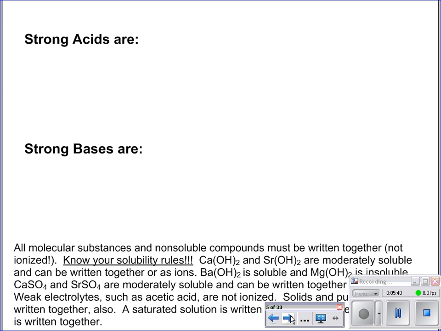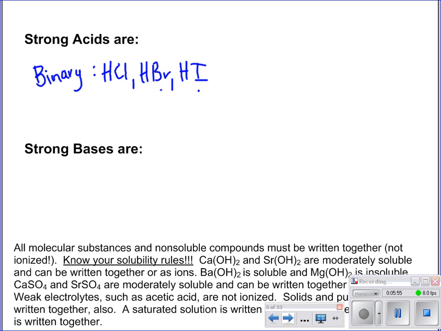Okay, moving on to a little review here. What are our strong binary acids? Correct. HCl, HBr, and HI. I bring clay. Okay. What are our strong ternary?